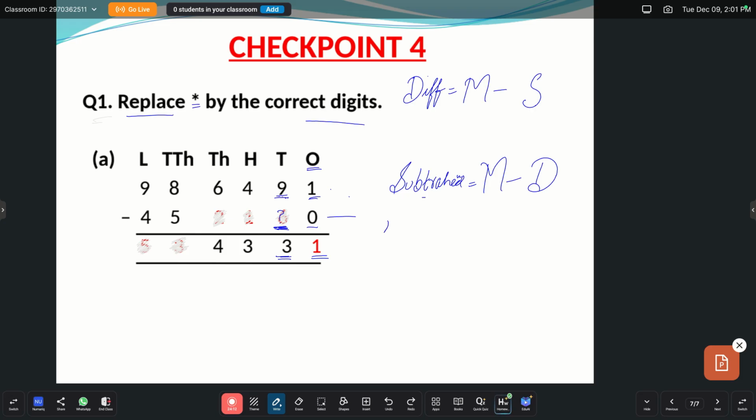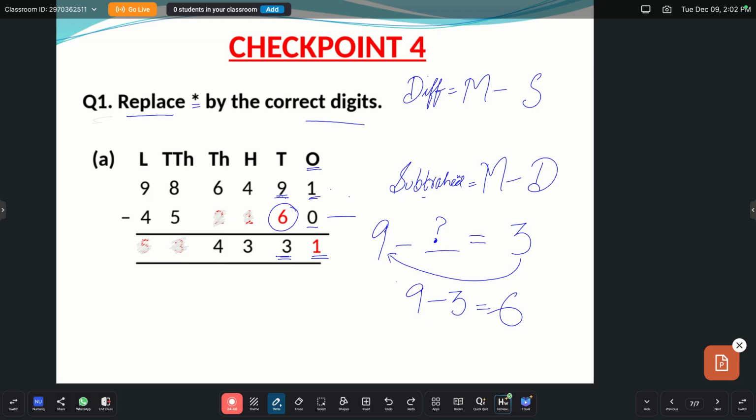So we have to find subtrahend. I told you, if you have to find the subtrahend, you will subtract this difference from this minuend. Boys, tell me, what is 9 minus 3? It's 6. It means that the missing digit here will be 6.